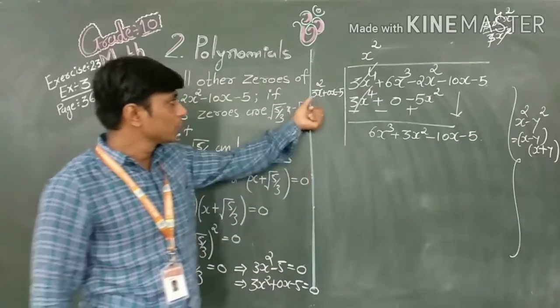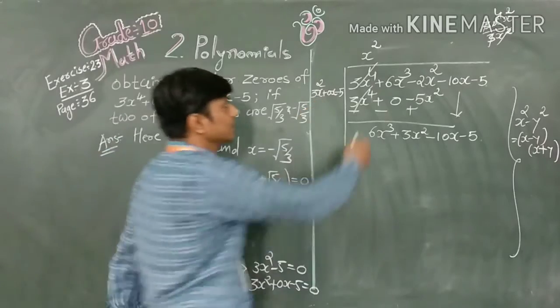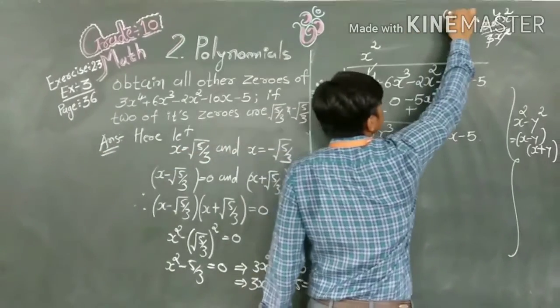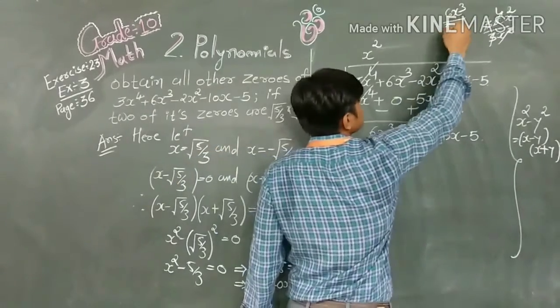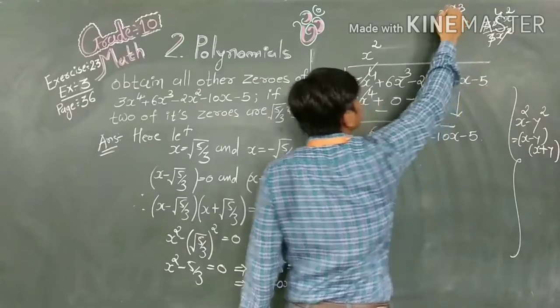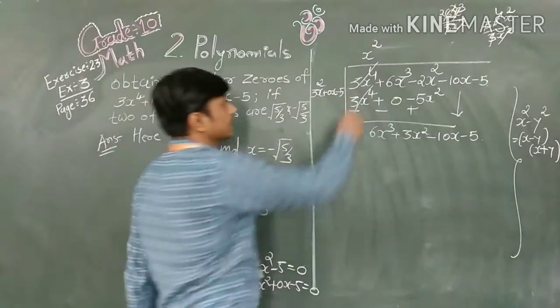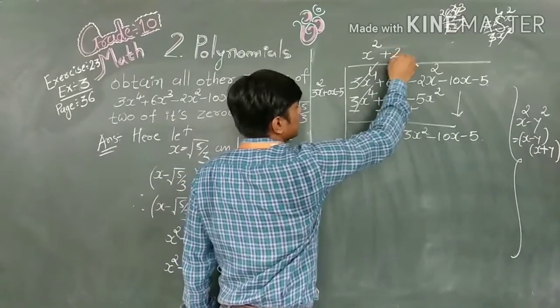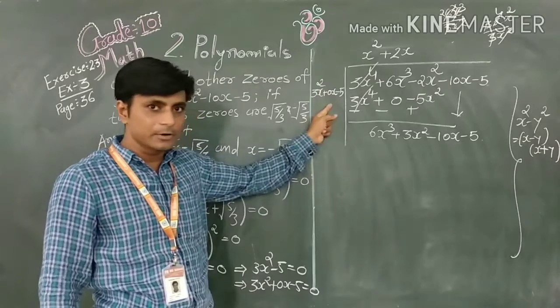Now look, first term divided by first term, that means here in rough 6x cube upon 3x square. 3 into 2 is 6 and x remaining. So we have 2x. Therefore this time we multiply 2x with the divisor polynomial. This is the divisor polynomial.